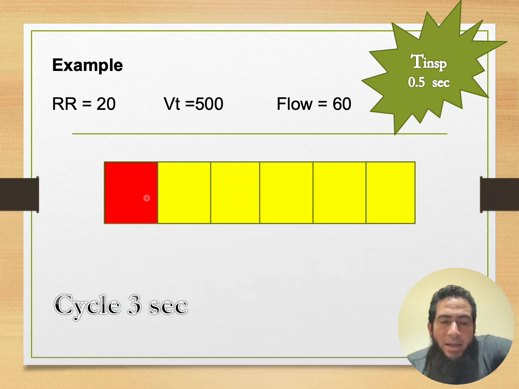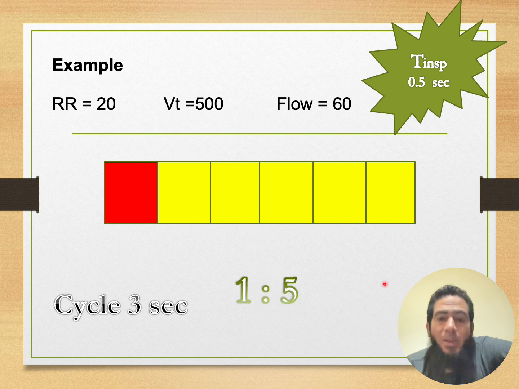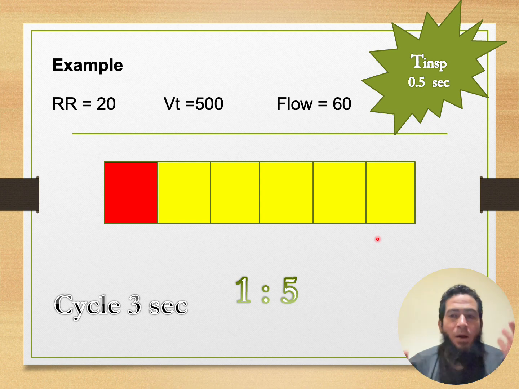If half a second is taken for inspiration, how much would be left for expiration? It's 2.5 seconds. So 0.5 to 2.5. So how will the IE ratio be? Exactly, it would be 1 to 5.